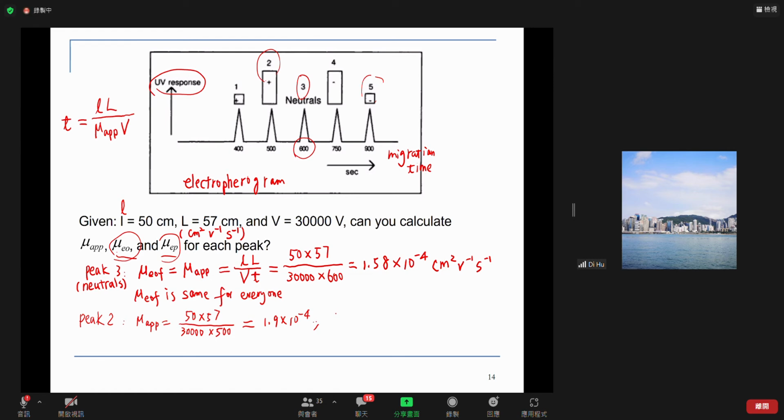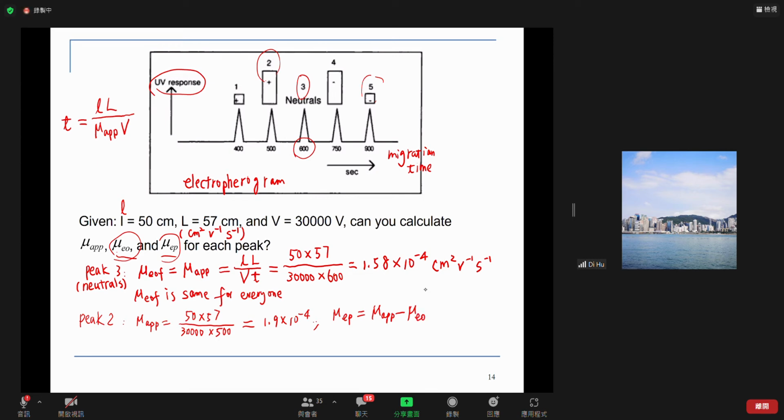And then mu EP for peak 2 will be the apparent mobility minus mu EO, because we already know that. The apparent mobility equals mu EP plus mu EO, right?